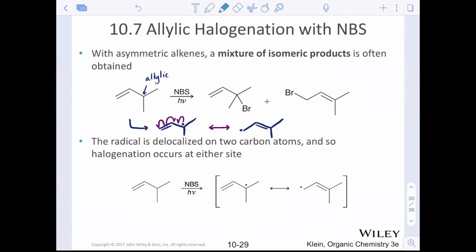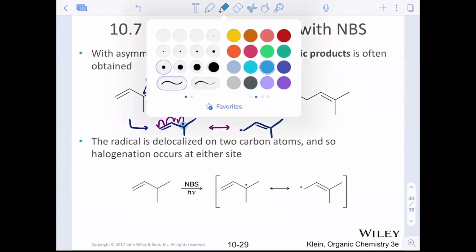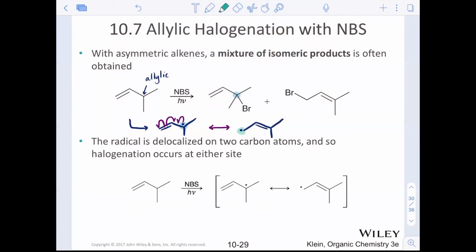All right, so we do have this blue radical going forward in halogen abstraction to make the first product. We could also see this green radical going forward to make the product in the halogen abstraction.